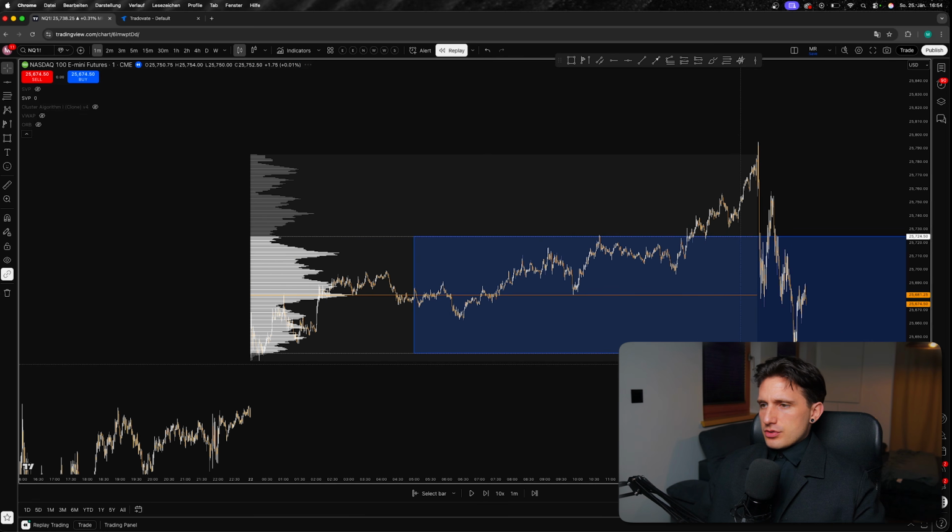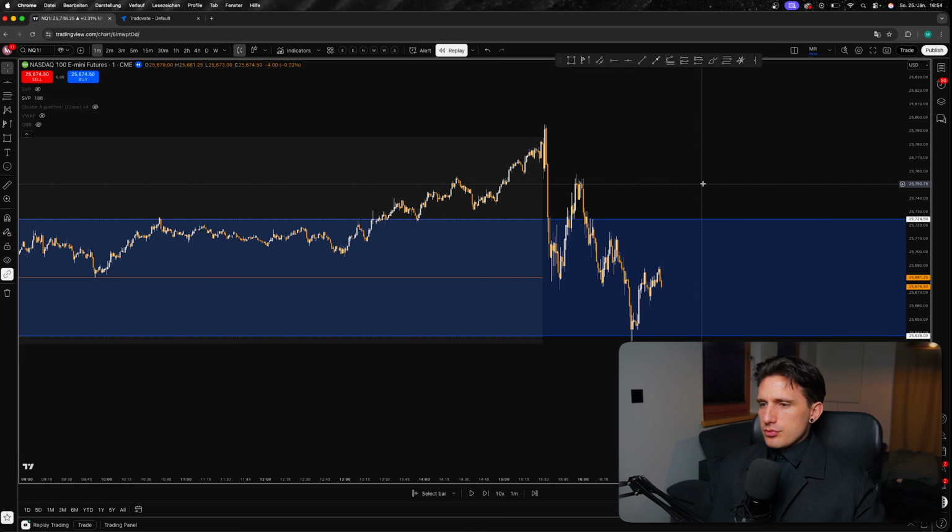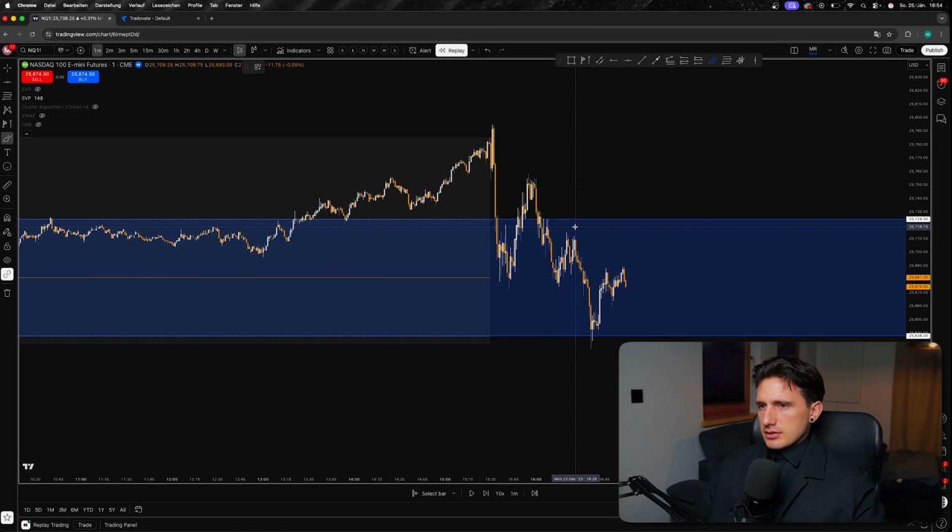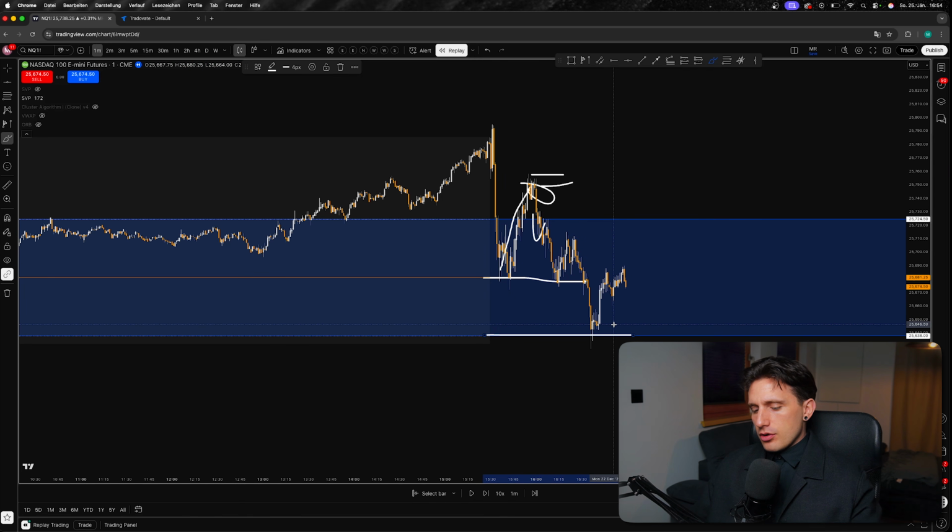And the mean reversion trade, guys, is if we are trying to break out of balance, the market fails, you get buyers absorption, we break back into balance. That should be your trigger to search for sells, and you target the point of control or the value area low. That's all, guys. That's really all.